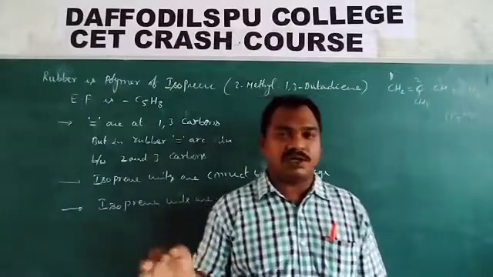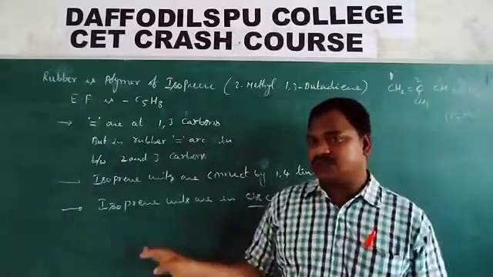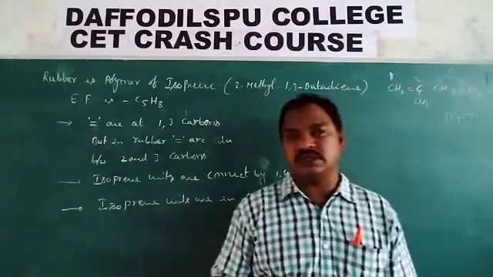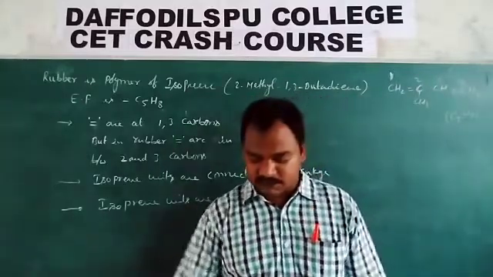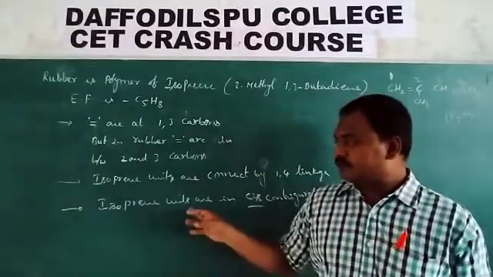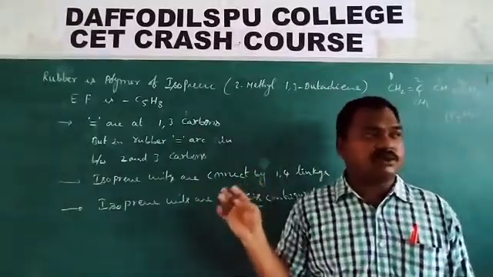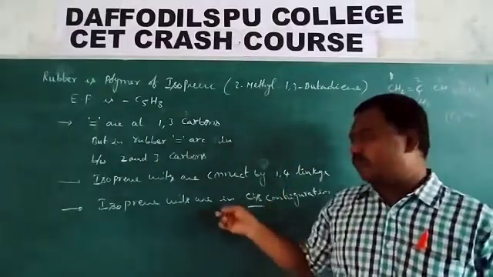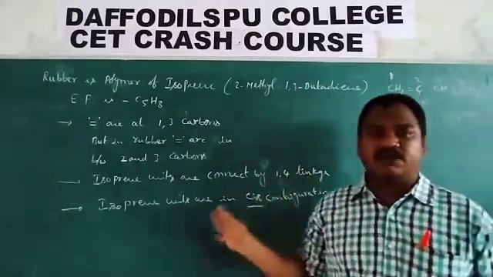Trans configuration rubber is known as gutta percha. But its commercial importance is not much, hence we are not going to discuss it. So in rubber, isoprene units are in cis configuration.